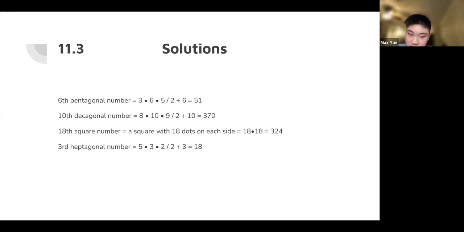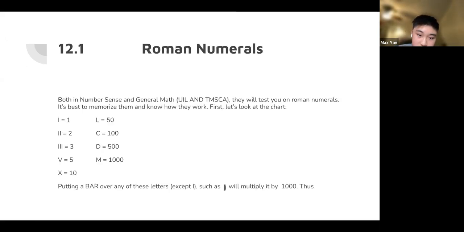So the 18th square number, if you use the geometric interpretation provided by Wikipedia, that would be a square with 18 dots on each side. And 18 squared is 324. And the 3rd heptagonal number, you get 5 times 3 times 2 over 2 plus 3, which is 18.